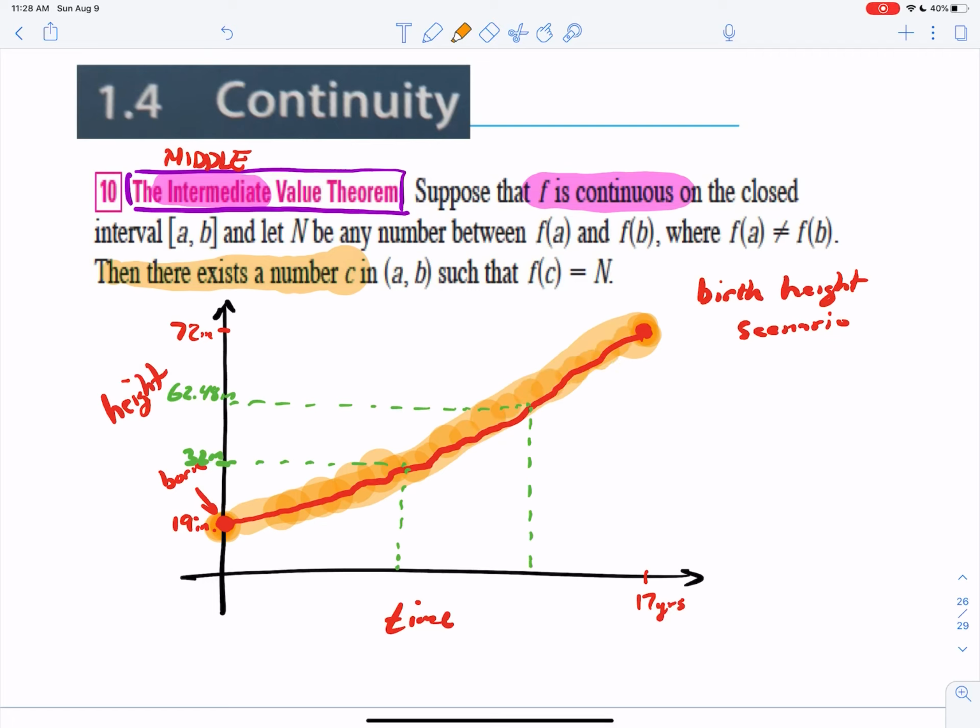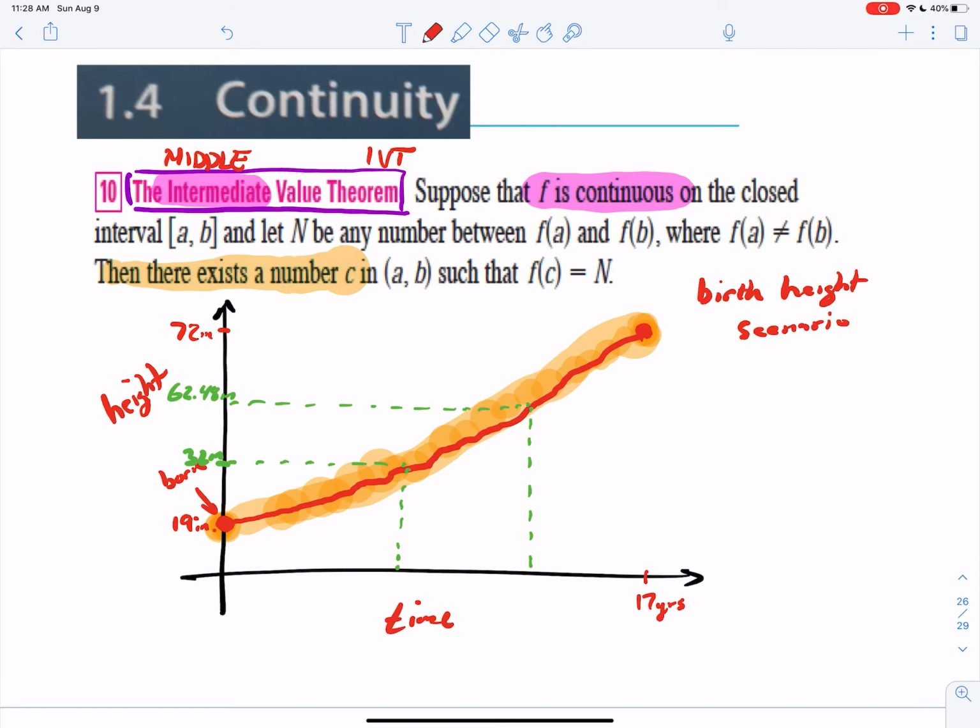And that's all. Okay, it's a very simple theorem. I know it seems weird right now because you're not sure how to use it, but just think of the birth height scenario. Okay, intermediate value theorem, IVT, is the birth height scenario. Okay, you're guaranteed to hit every value in between.